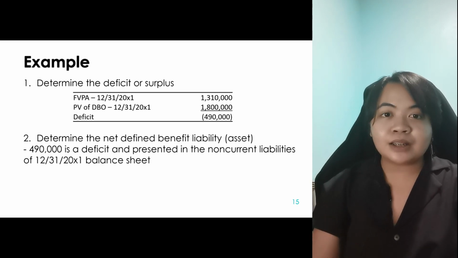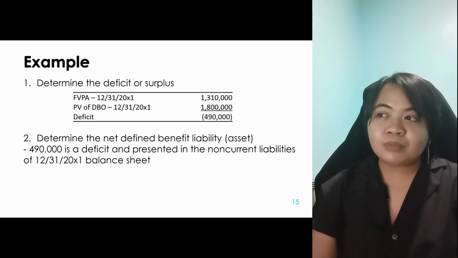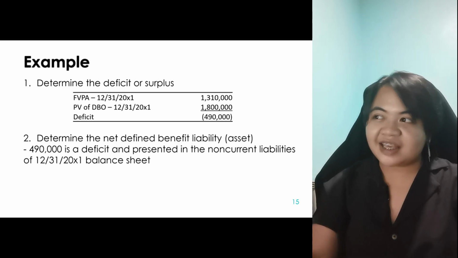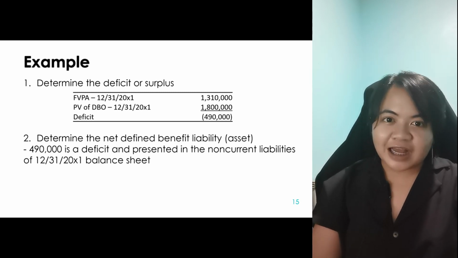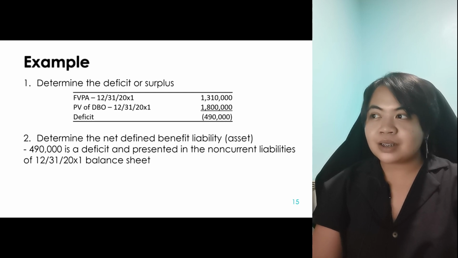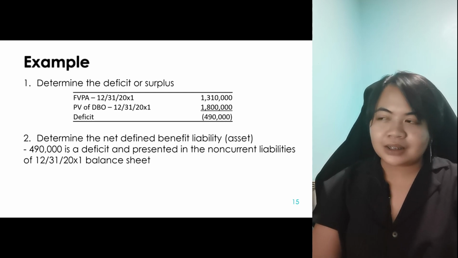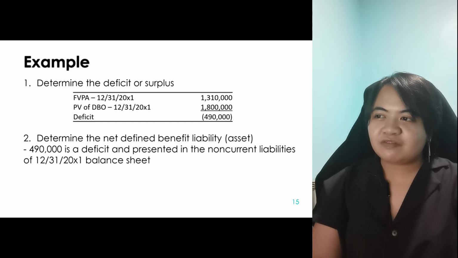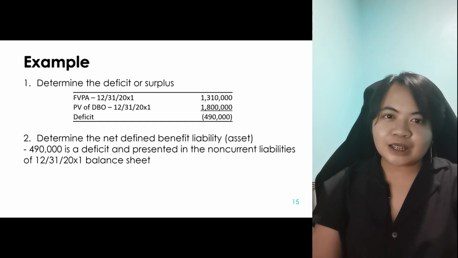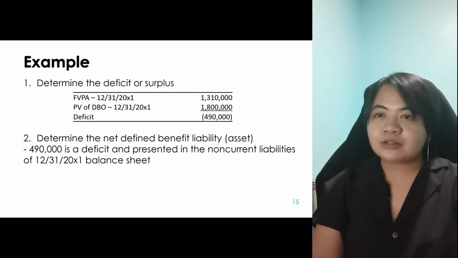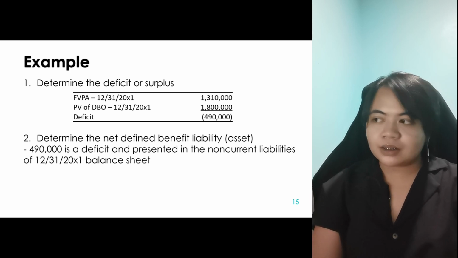Kasi examine the given, yung iyong obligasyon na 1.8 ay mas malaki kaysa sa value ng iyong assets. So, ibig sabihin, deficit ka talaga. So, determine the net defined benefit liability. So, your net defined liability in this case kasi deficit siya is 490 to be presented as non-current liabilities of the company in the balance sheet.